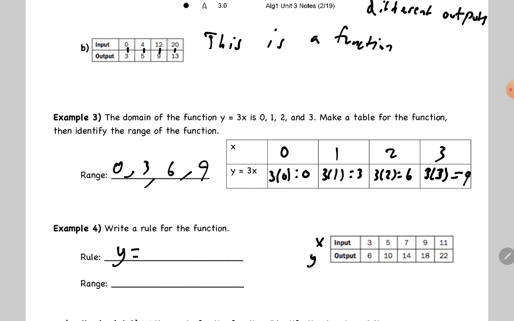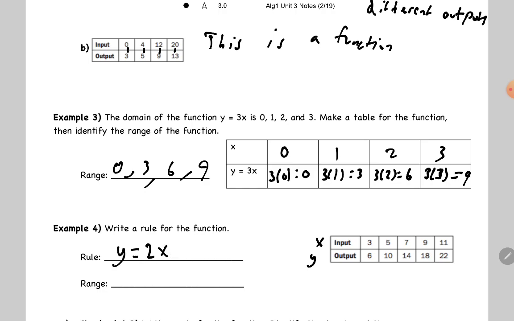Everything is getting doubled. So in order to get y, we have to double x. So my rule for this is if we plug in an x value, we double it to get y. So y equals 2x.